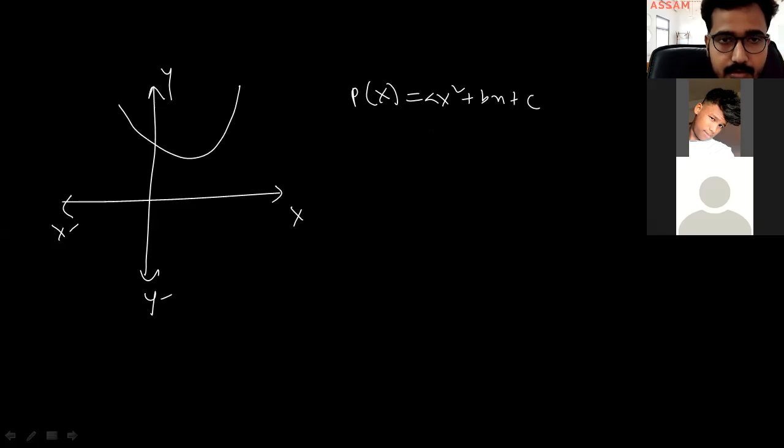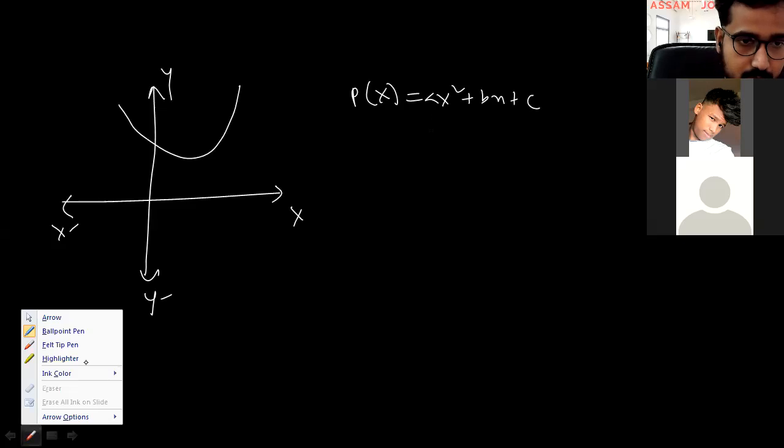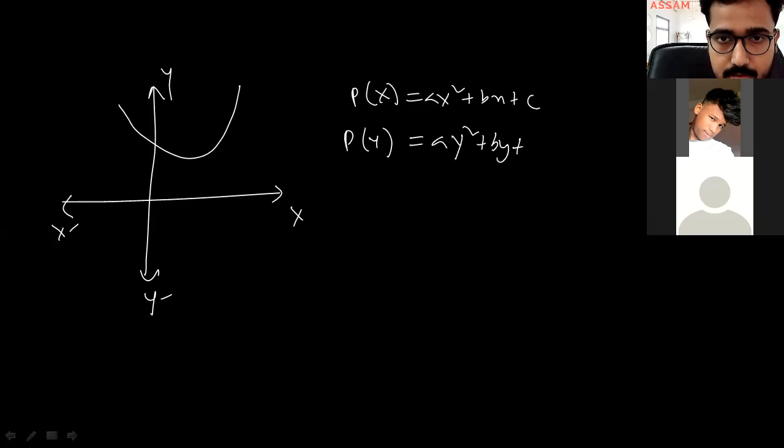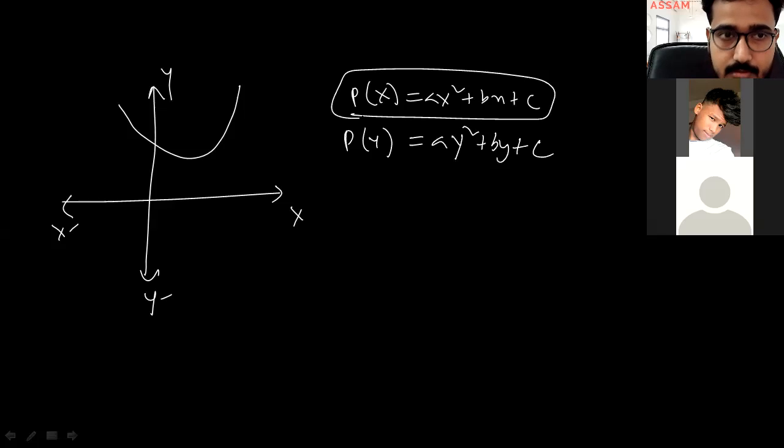But suppose I change the question. Suppose I'm giving it like this: ay square plus by plus c. Now it has how many solutions? Tell me. 1. Yes. Why? Because here it cuts the y-axis at only one point. Now see the difference.